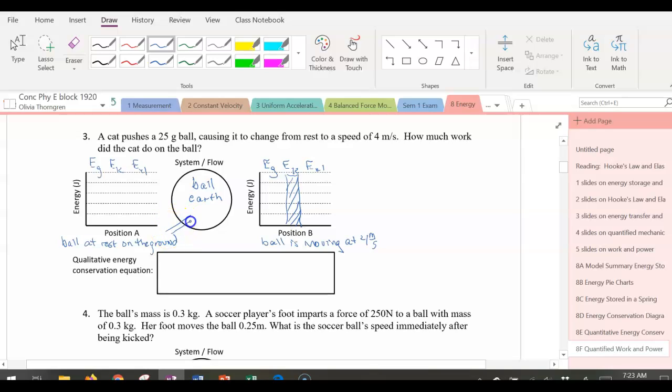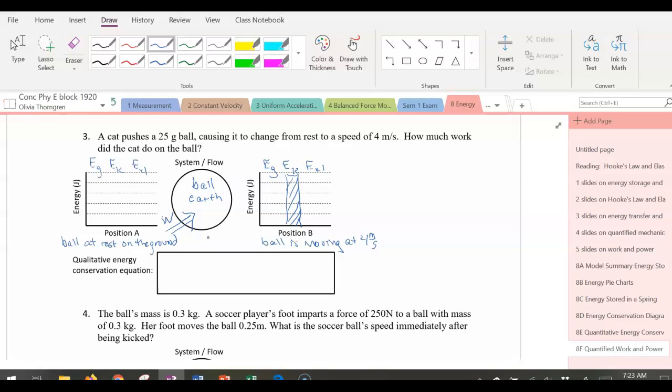The cat did work when the cat pushed the ball and made it move. So there was work that transferred energy into the system. I need to show that as an arrow pointing into the circle with the letter W next to it to say that the way the energy was transferred into the system was by the process of working.